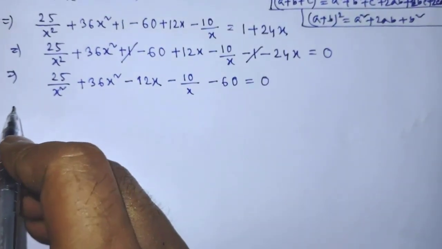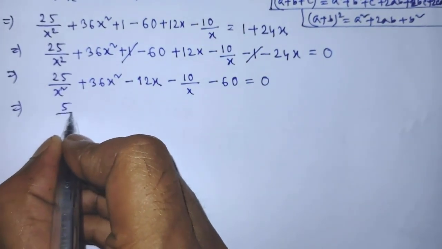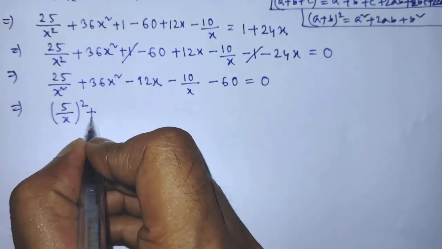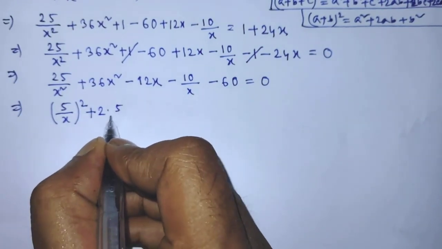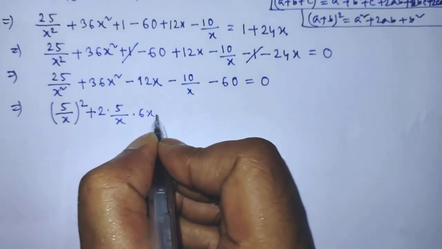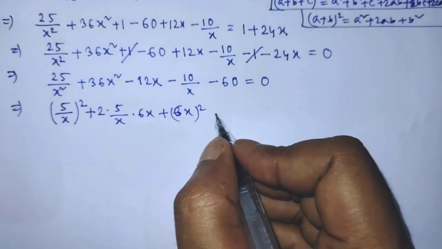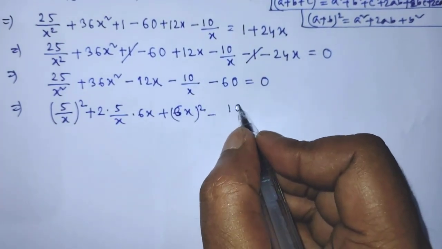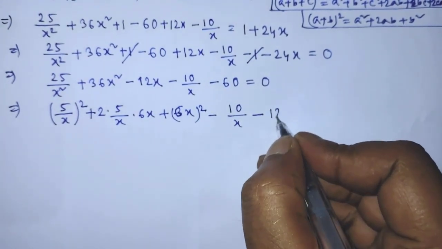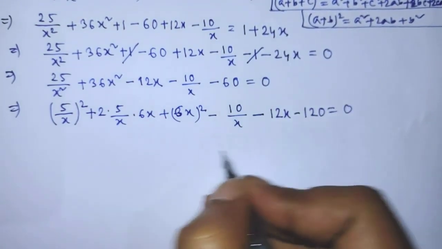So guys, now we can write from the left side of this equation (5 over x) whole to the power 2 plus 2 times 5 over x times 6x plus (6 times x) whole to the power 2 minus 10 over x minus 12 times x minus 120 is equal to 0.